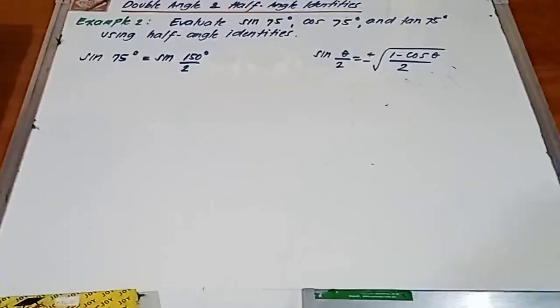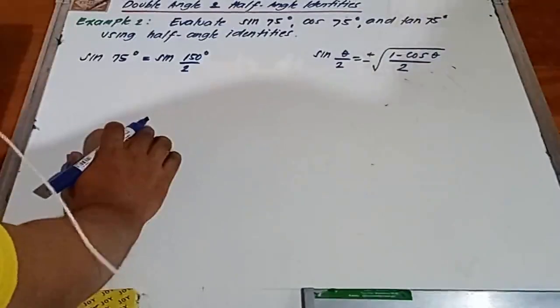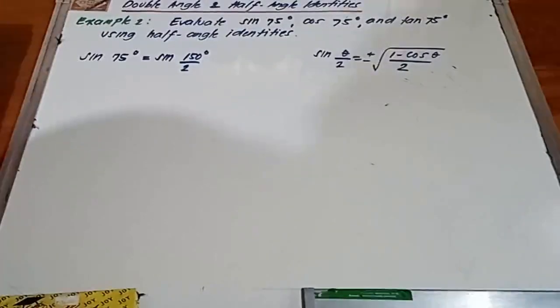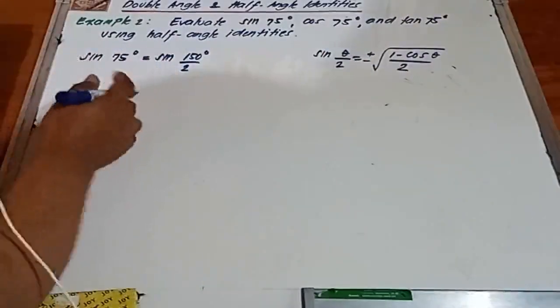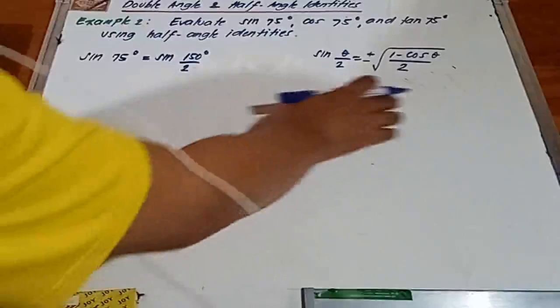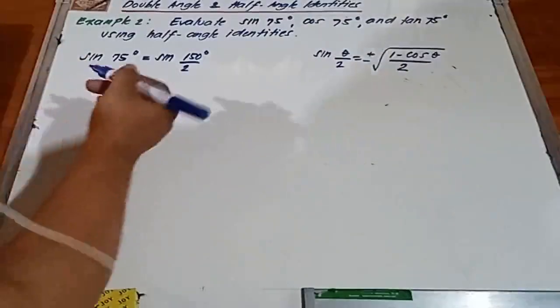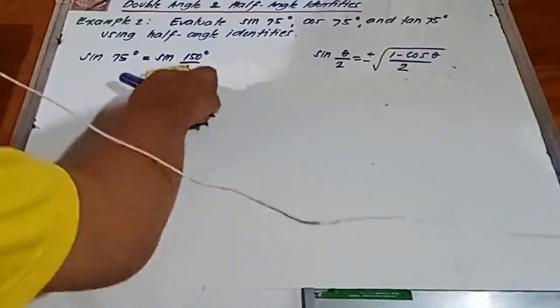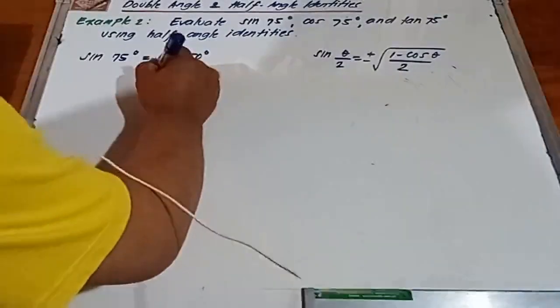Okay. Now, ang ating theta dito is 150 degrees. So, i-substitute natin yung ating theta to this half angle identity natin. So, this is the same as sine, this is plus or minus.